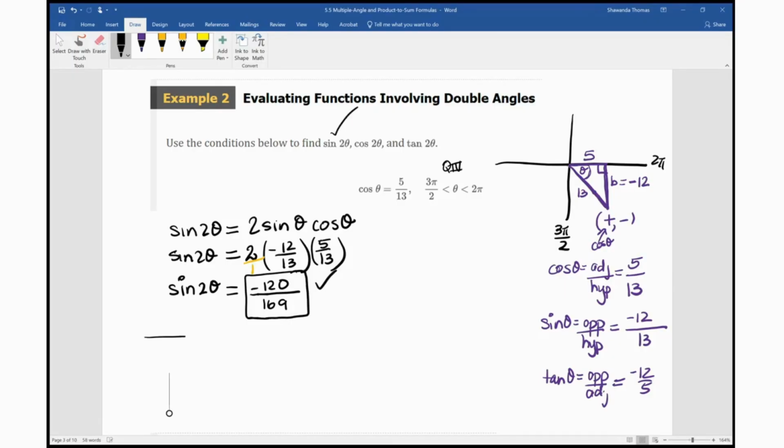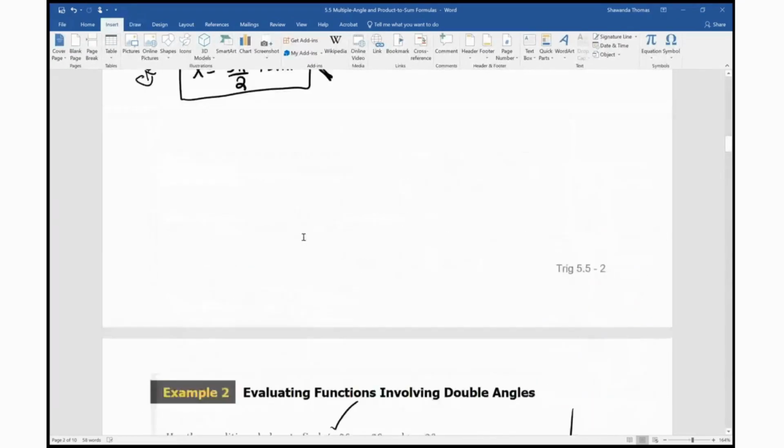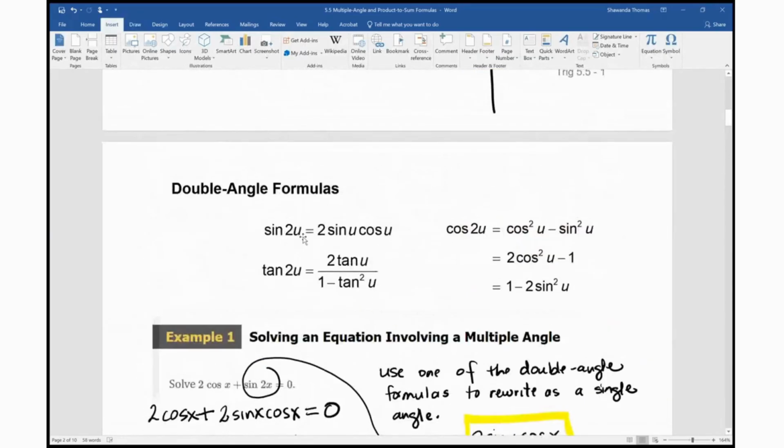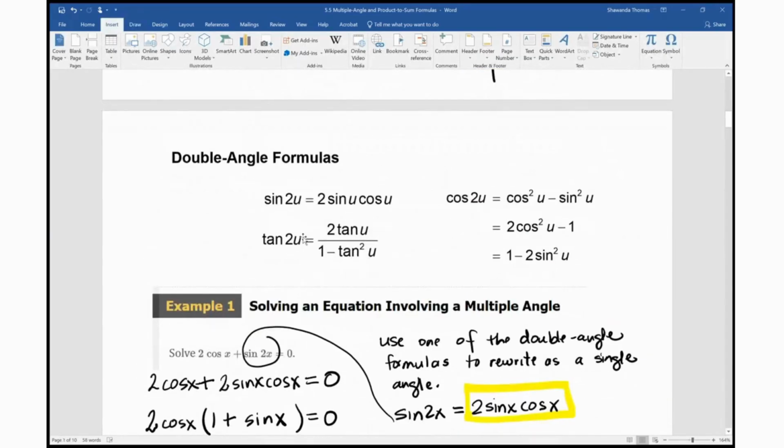All right, what about cosine of 2 theta? Which formula y'all want to use? I'm going to go with whatever y'all decide. Because how many different double angle formulas are there for cosine 2 theta? If you look on the second page, let me go back up. Y'all may not have this printed. How many different formulas are there for cosine 2 theta for double angle formulas? 3. 3 different versions.